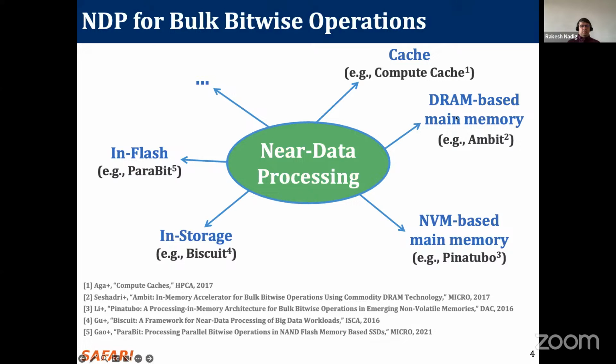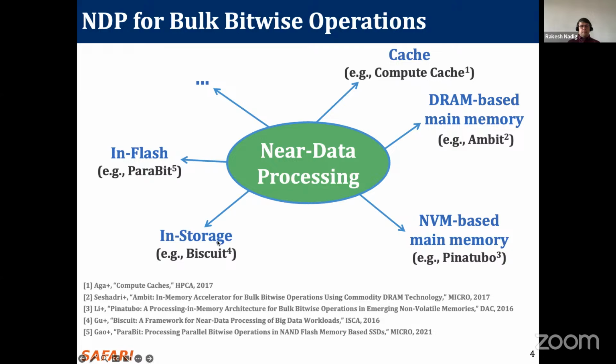When performing computation within the DRAM based main memory, we have Ambit, a work from the SAFARI Research Group. And then we also have Pinatubo, where we perform computations within the NVM based main memory.